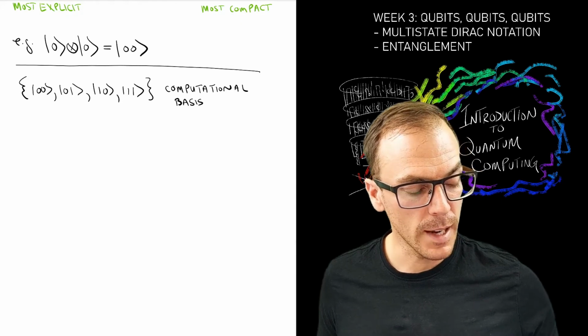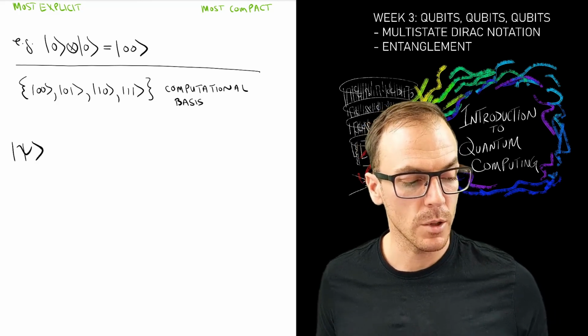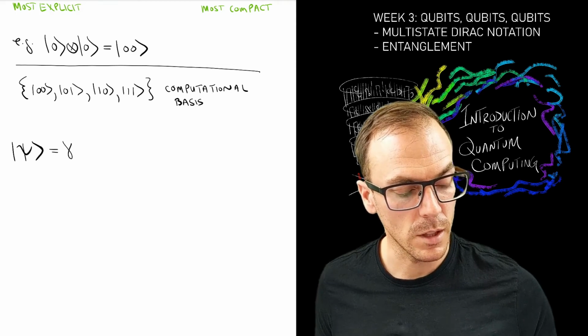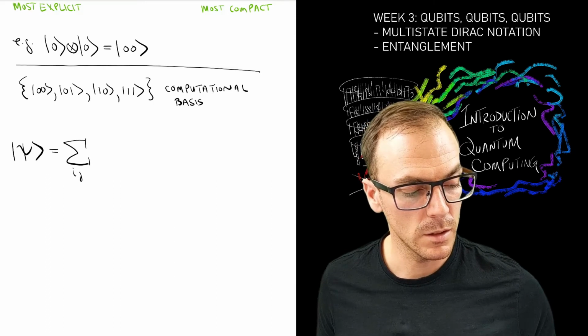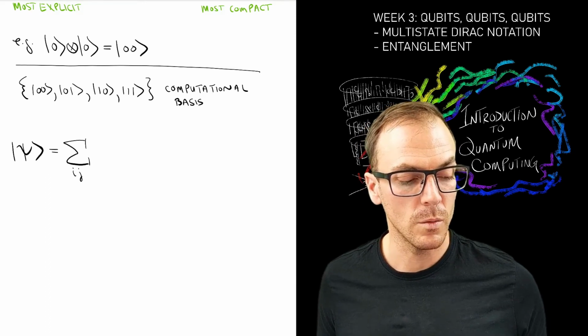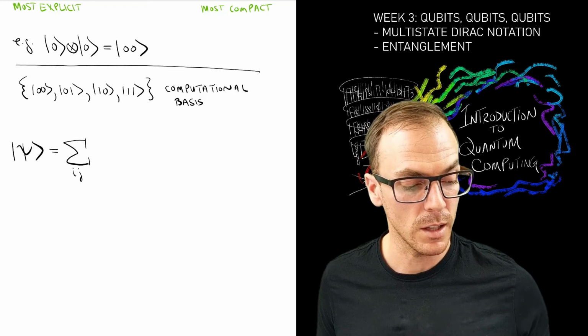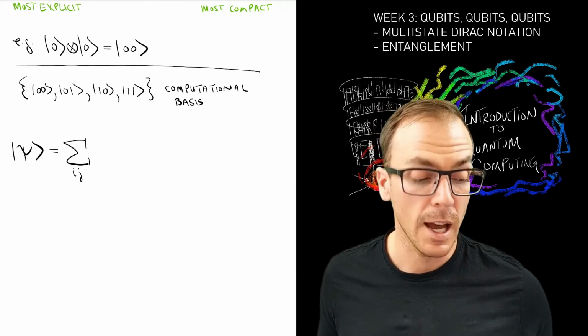Now you might ask, can every vector be written this way? So here I have just an arbitrary vector. Let's write it out. Let's use our summation notation since we have that available. Oftentimes what values the indices range over is left implicit, and that's helpful if you don't want to specify how many qubits you have.